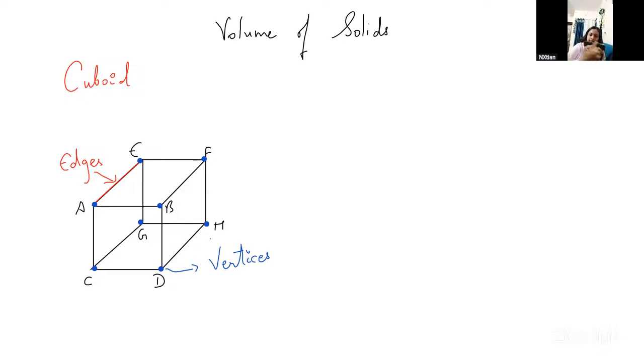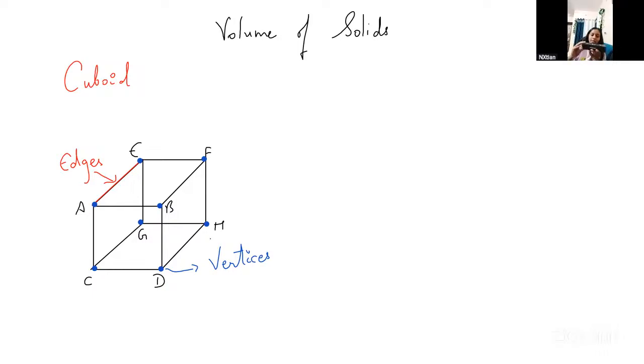How many are the edges? One, two, three, four, 5, 6, 7, 8, then 9, 10, 11, and 12. 4 lines on the top, 4 on the bottom, and 4 on the sides. These are edges. 12 edges, 8 vertices.